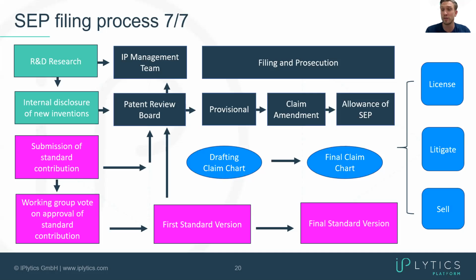But you can also, of course, think about selling your standard essential patent. Some companies, they don't want to basically commercialize those patents themselves, so they sell those patents to often so-called patent assertion entities or other market players that enter the market.